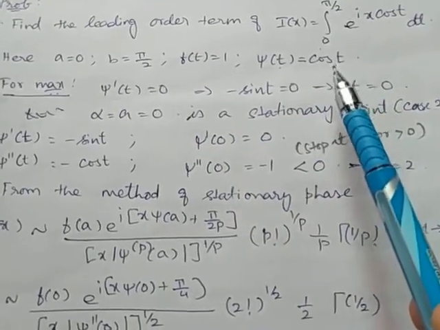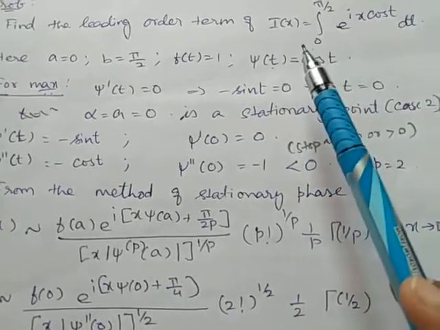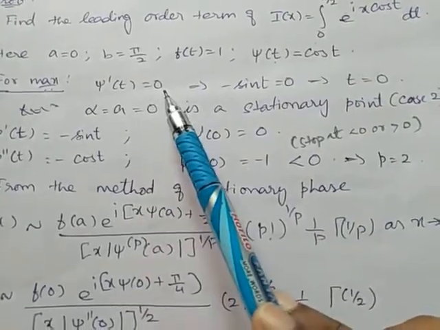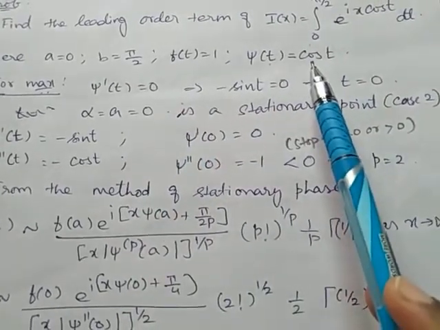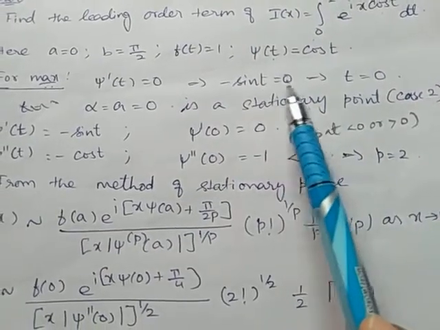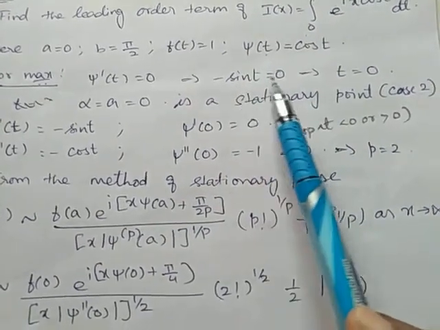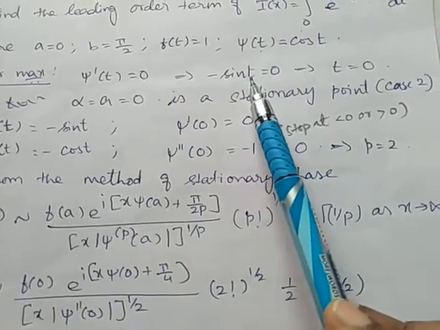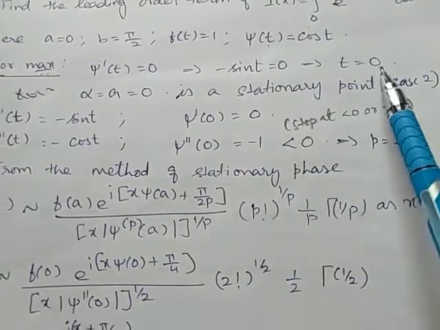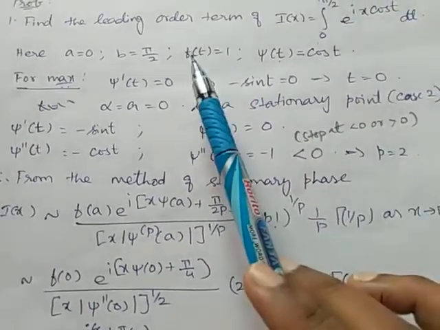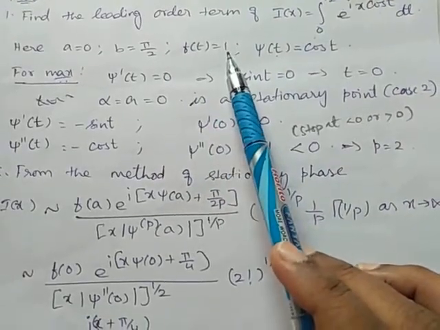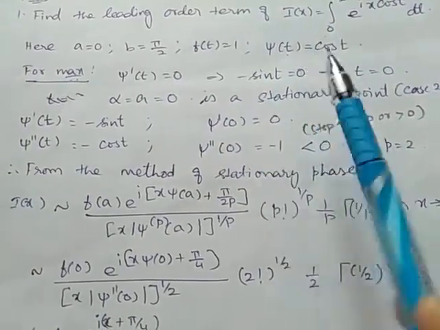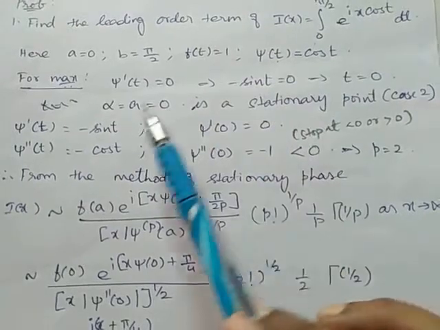Now we have to find the stationary point. Differentiating, psi'(t) is equal to 0. The derivative of cos t is minus sin t equal to 0. It means sin t is 0, so t is equal to psi inverse of 0, which is 0. Now f(0) is also 1, so we can proceed further. Now we are going to find the second derivative.